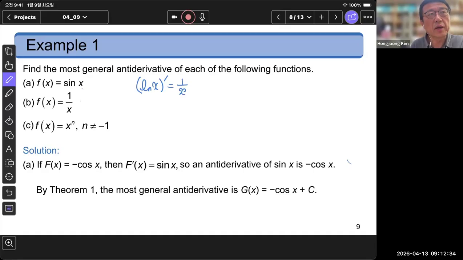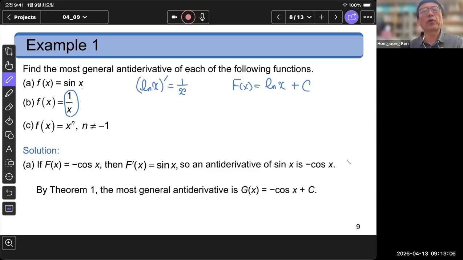So you may say, given this 1 over x, the natural logarithmic function is an antiderivative. So if you claim that, this is an antiderivative, so the general antiderivative of 1 over x must be log x plus constant c.